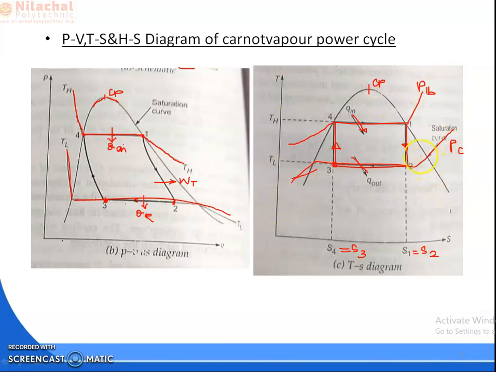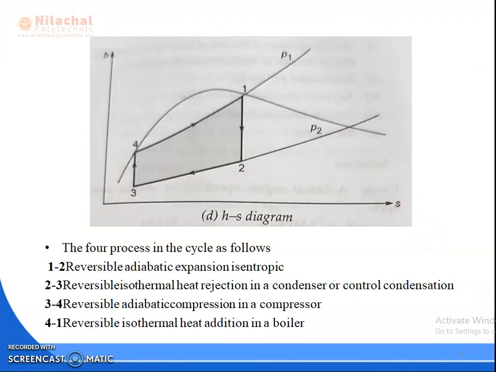In the expansion, pressure decreases from boiler pressure to condenser pressure. If you draw the HS diagram, this one is your critical point. This line is your constant pressure line P1, and this line is your constant pressure line P2, that is PC, the condenser pressure.